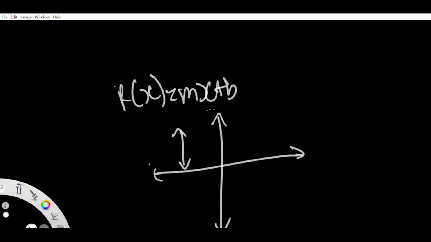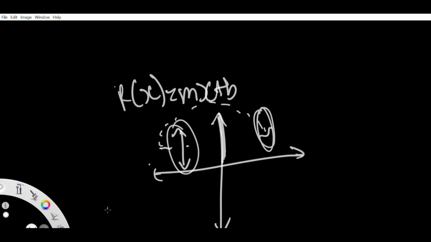And if you multiply the slope by negative 1, you're basically flipping the line to the other side. Suppose this was a mirror, then you're basically taking this and moving it over here.